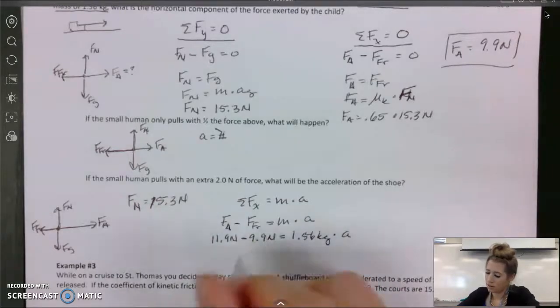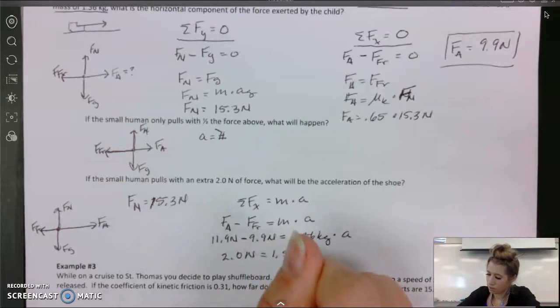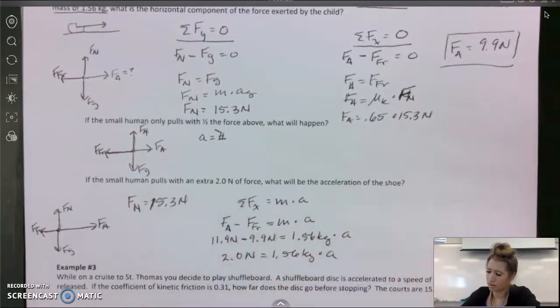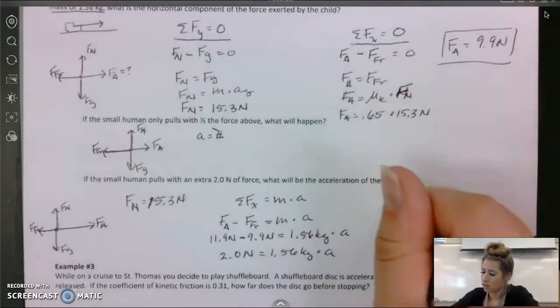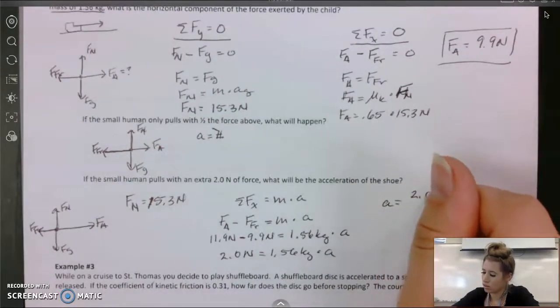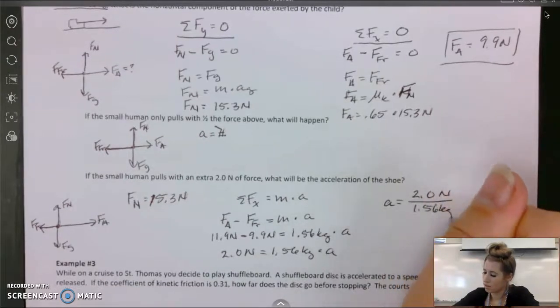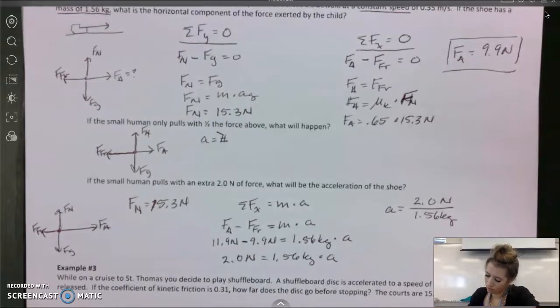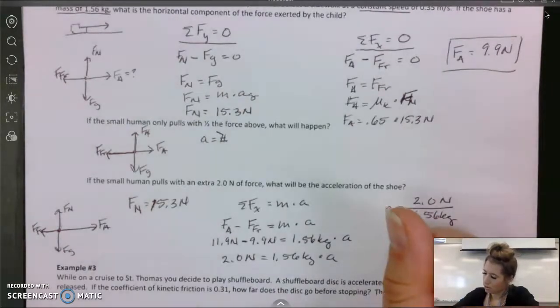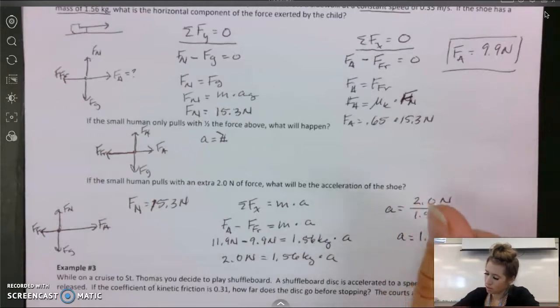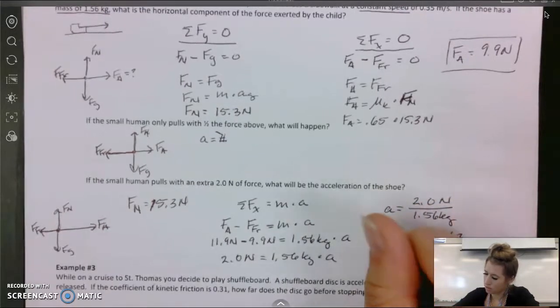So this minus that, 2 newtons, equals 1.56 kilograms times acceleration. Divide by the 1.56. So acceleration is equal to 2 newtons divided by 1.56 kilograms. So acceleration is 1.3 meters per second squared.